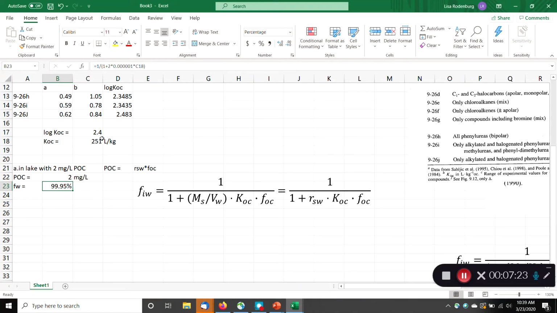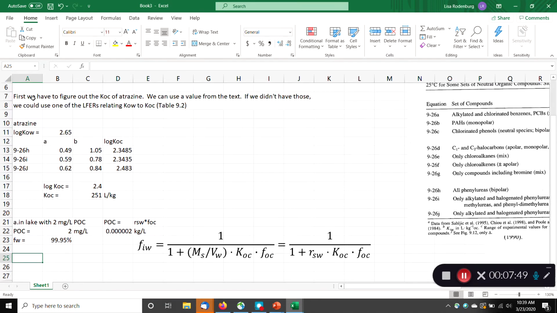It actually turns out that our chemical is 99.95% dissolved. So that makes a big difference. And this is the morality story about why you always need to keep track of your units, right? So this 2 times 10 to the minus 6, that's how many kilograms per liter of POC we have. 0.0000000 whatever 2.